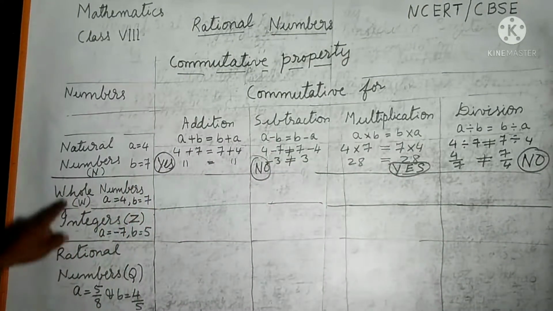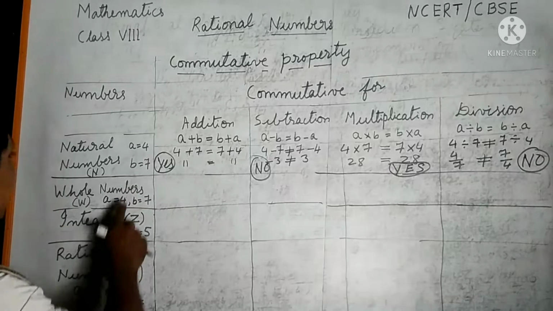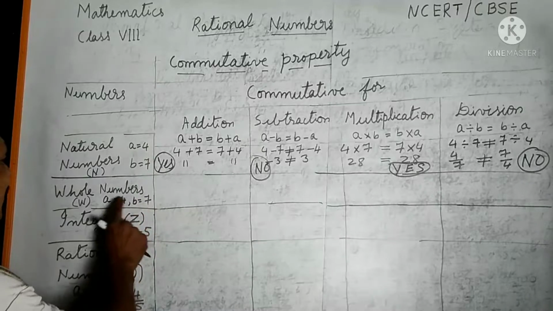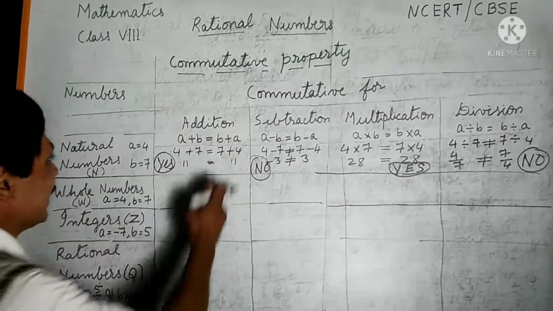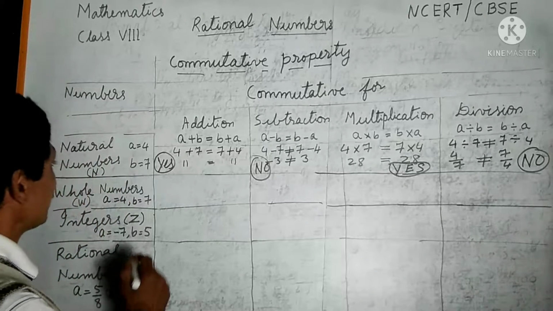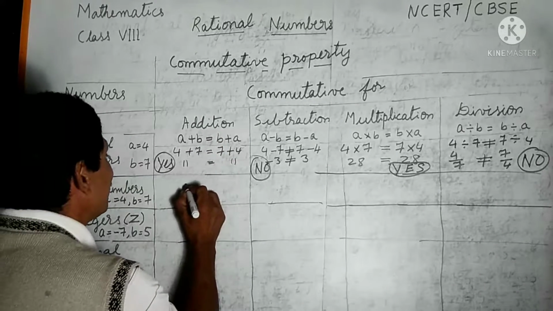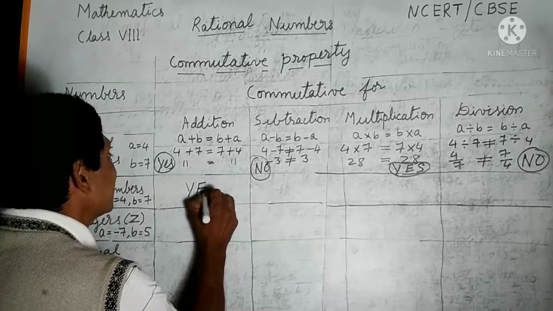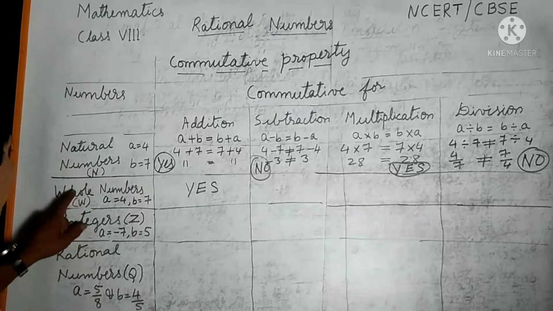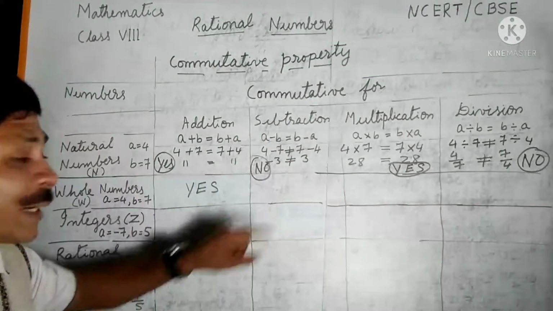Next, let us check for whole numbers. Let us take the same numbers I have taken here, 4 and 7, so that the same calculations we can carry out. For whole numbers addition is commutative. Let us write yes. And for whole numbers subtraction is not commutative.